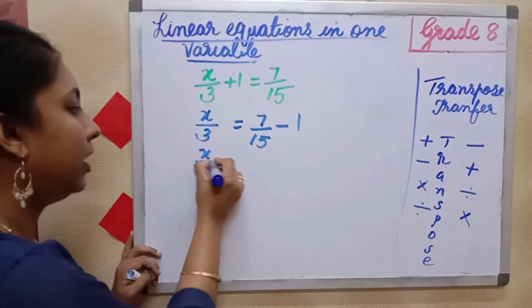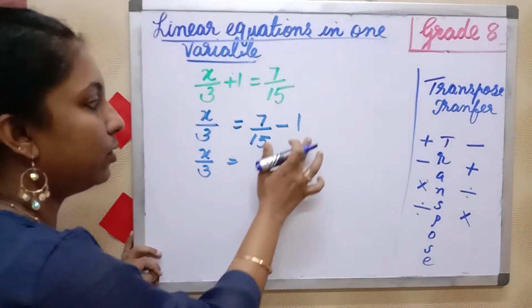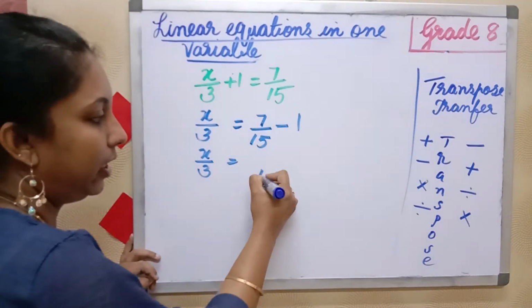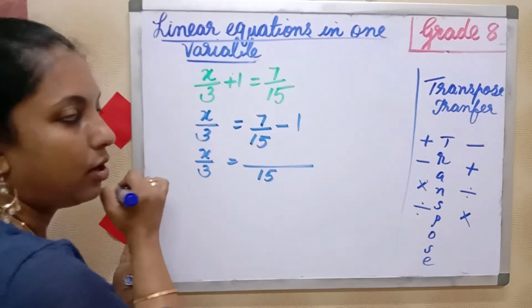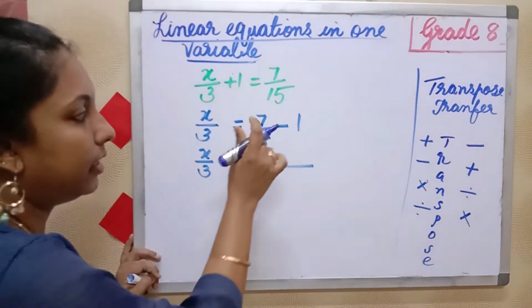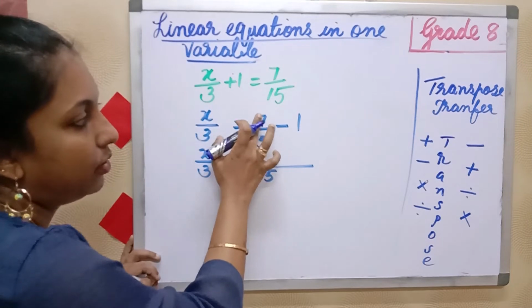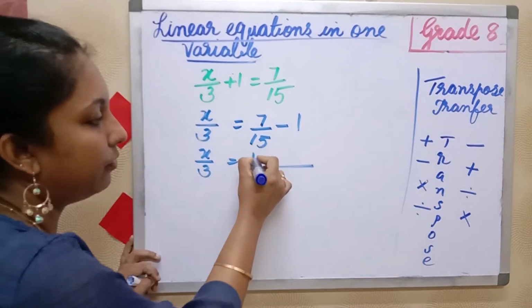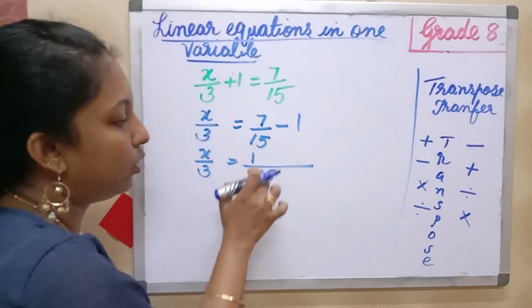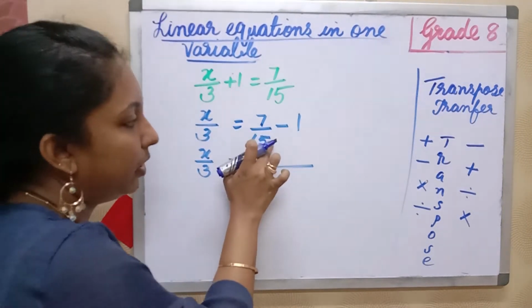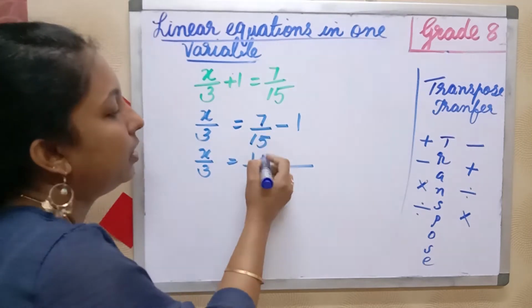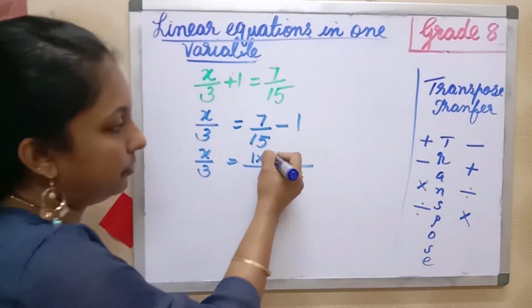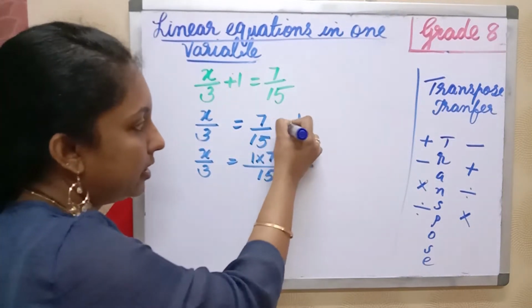Now x by 3 is equal to, first you have to do this. There are two methods. First cross multiplication, another one is dividing the denominators. First you have to divide the denominators. 50 divided by 50 is 1 into numerator 7. Minus is here.